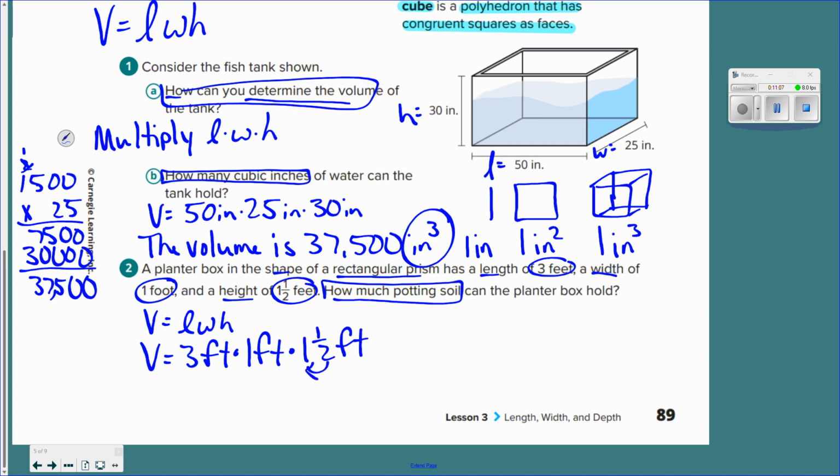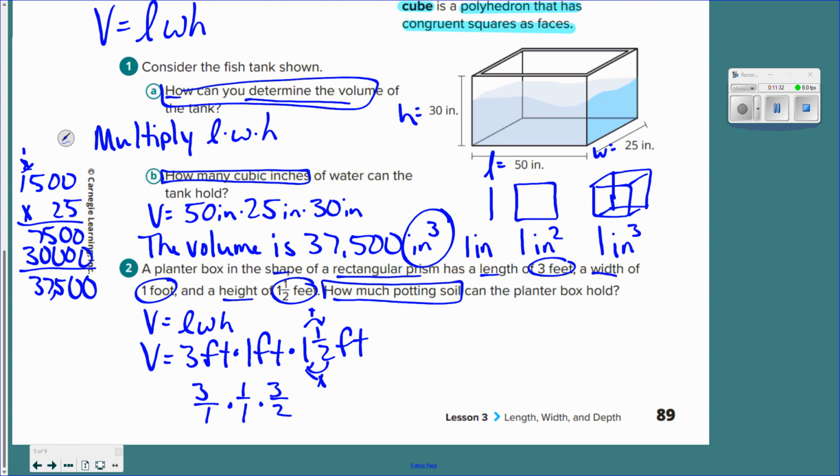Multiply, then add. Because I'm making this into an improper fraction, I need to do that for all of my numbers. How do I make a 3 an improper fraction? 3 over 1. How do I make a 1 an improper fraction? 1 over 1. 2 times 1 is 2, plus 1 is 3. Don't forget to keep the denominator.